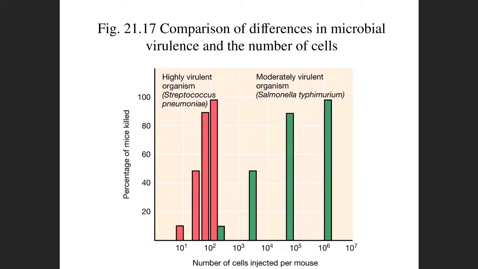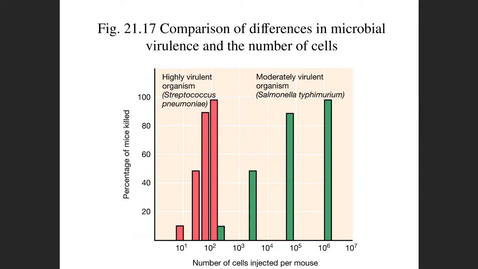So here is a graphic representation of LD50. On the y-axis is the percentage of mice killed if you give bacteria to mice. And then you can inject different numbers of bacteria per mouse, right? So you go from 10 to 1 million to 10 million here.